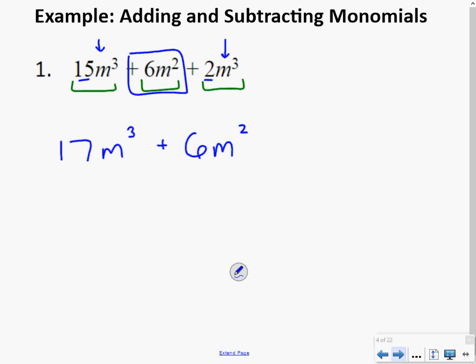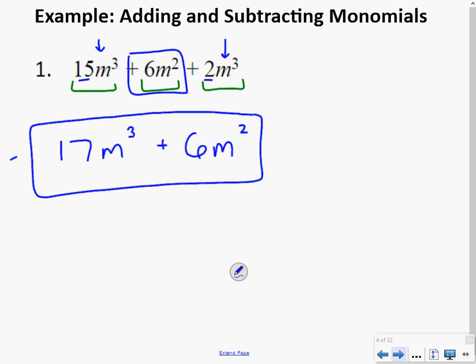This is a polynomial expression, and a lot of times we will name our polynomial expressions based on the number of terms that they have. I'll give you a quick list off to the side if you want to jot this down in your notes. Depending on the number of terms, we have a name that we'll give it.